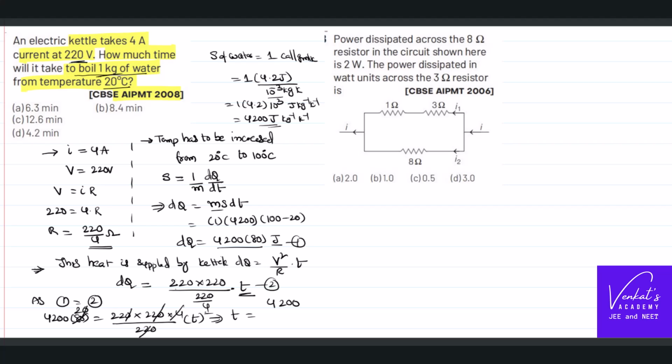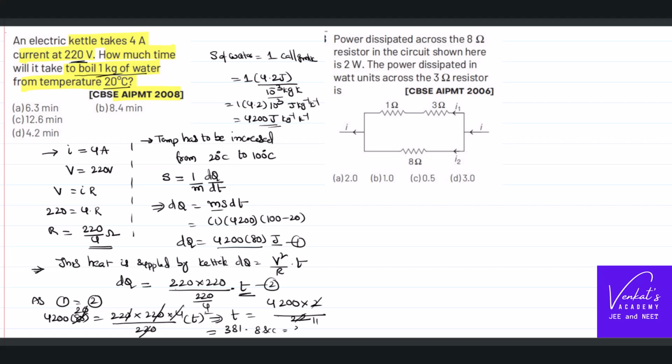4200 into 2 by 22. That's what is remaining, right? So 2 ones and 2 elevens. So that is 4200 divided by 11. So that value is 381.8 seconds.